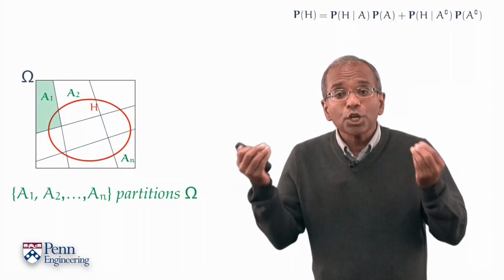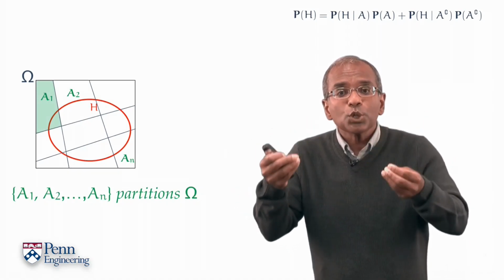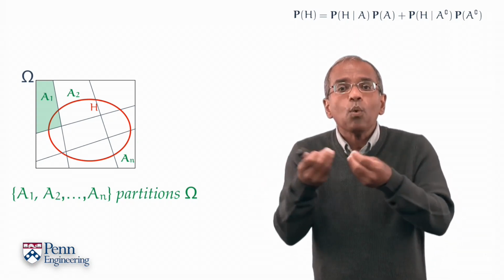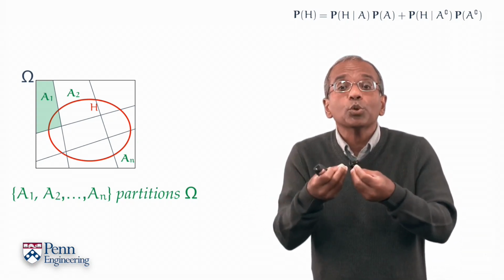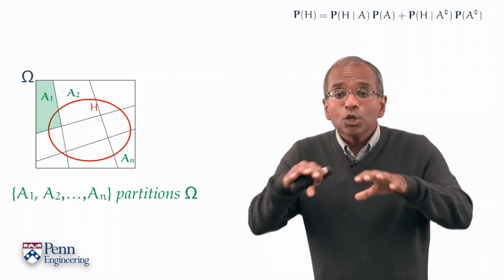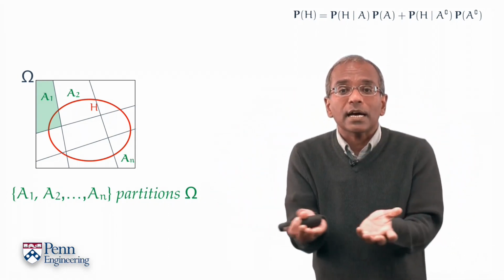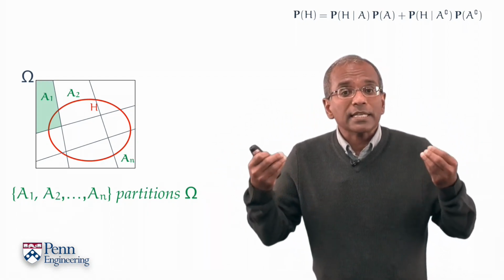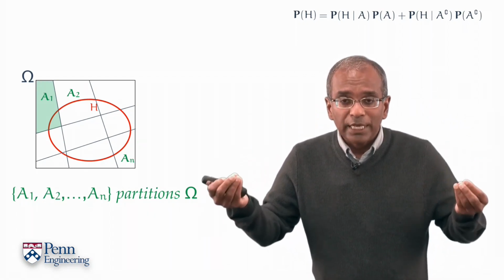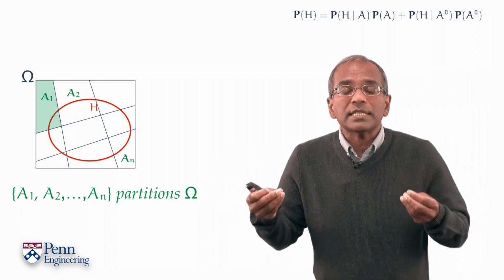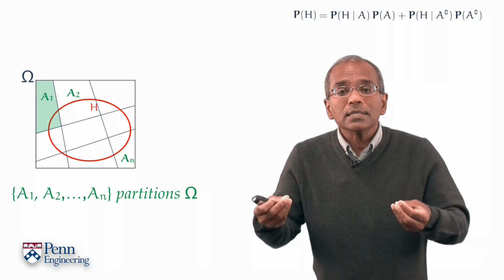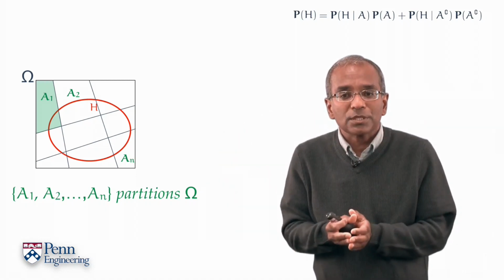Recall that a partition means that the constituent sets A1, A2, and so forth are pairwise disjoint. They are mutually exclusive. And together they comprise the entire space. Formally, mathematically, we'll say Ai intersection Aj is empty for any pair of indices i and j, and the union of the Ai's must be the entire sample space.